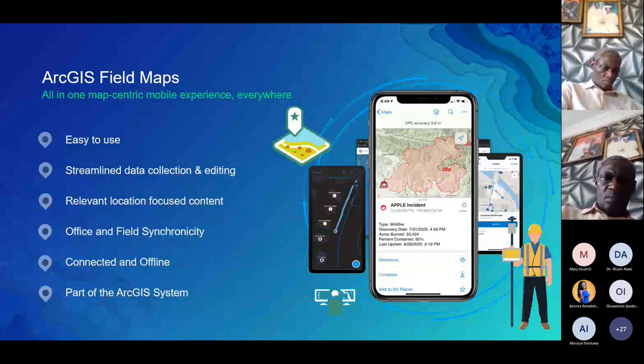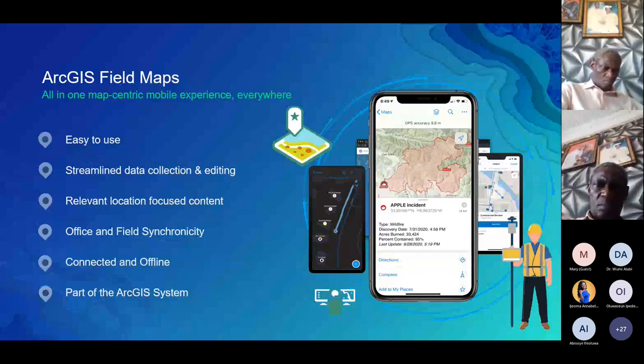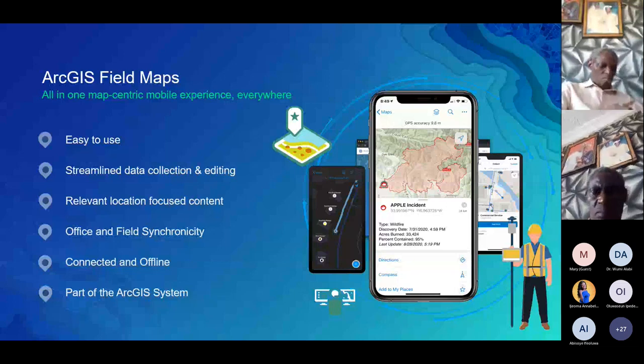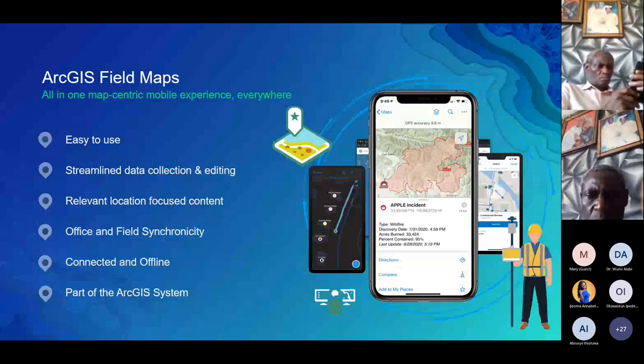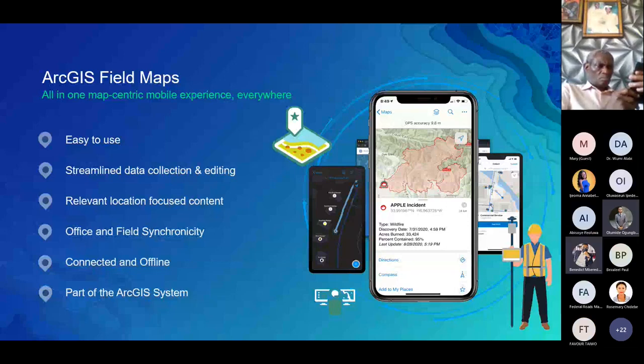So the licensing part includes the mobile worker user type, which automatically comes with the mobile worker. For us who know about user type extensions, we know that the mobile worker has access to Field Maps.